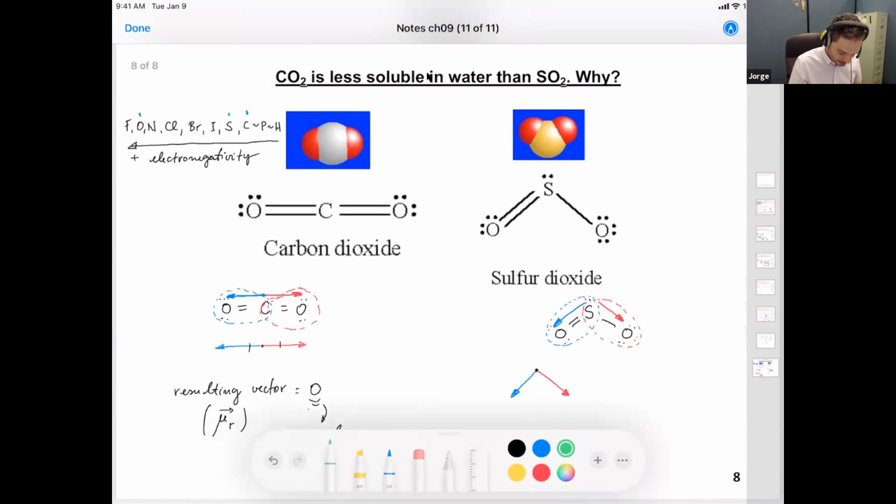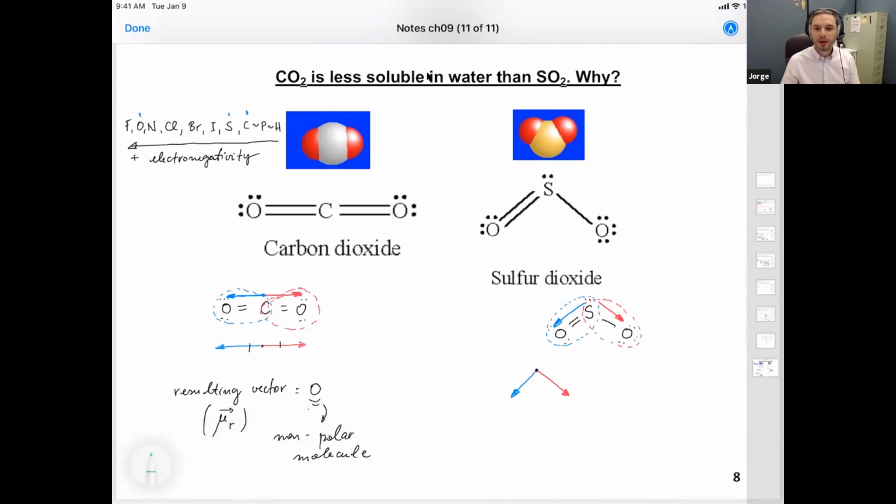Okay, so at this point, we need to calculate the resulting vector that is resulting from the addition of the two vectors to determine if the molecule is polar or not. So when we have two vectors pointing down, there are two ways to determine the resulting vector.